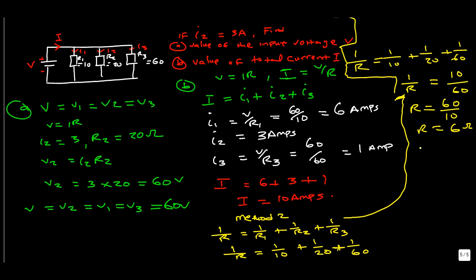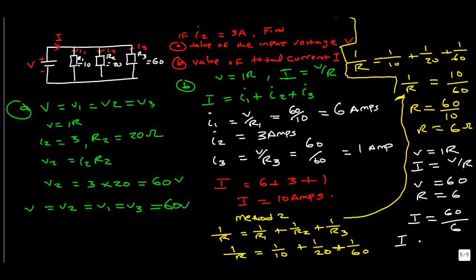Now that you know the total resistance, you can use Ohm's law, V equals IR, so I is equal to V over R. We know V is 60 and R is 6 ohms, so I is 60 over 6, and I is equal to 10 amps.